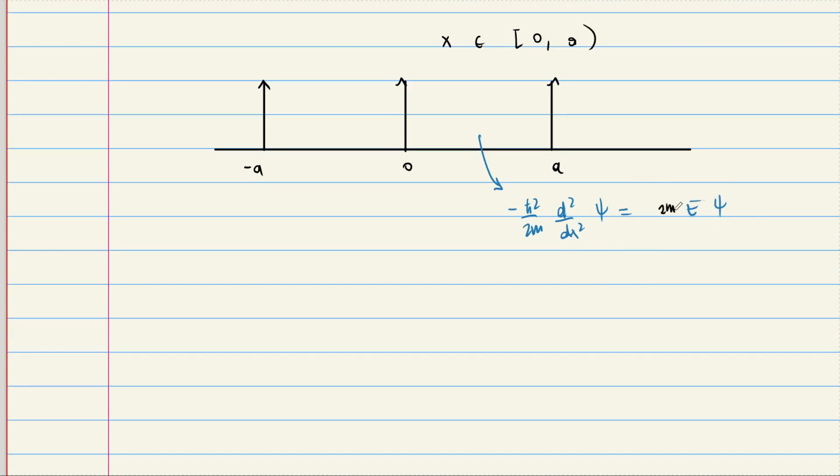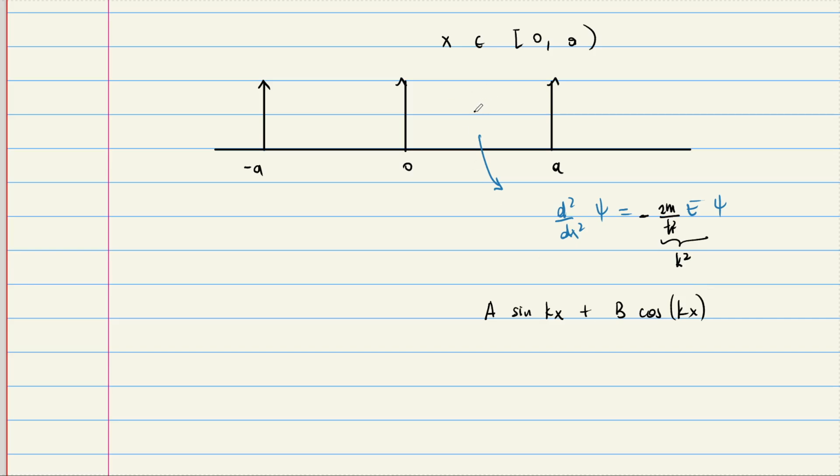This is 2m over h bar squared, and put the minus sign here, and call this k squared. And energy is positive, so k is real. And the most general solution is a sine kx plus b cosine kx. This is the solution in that region.